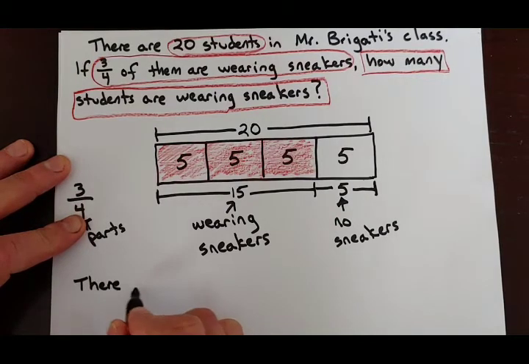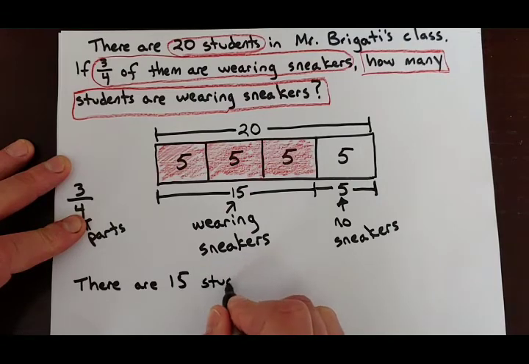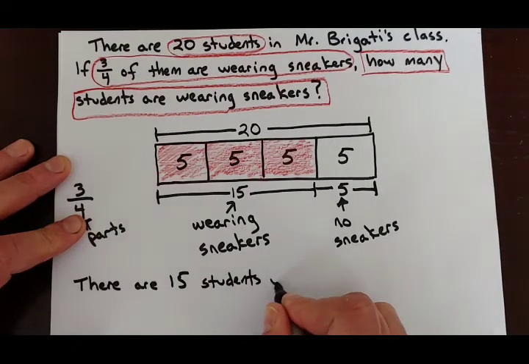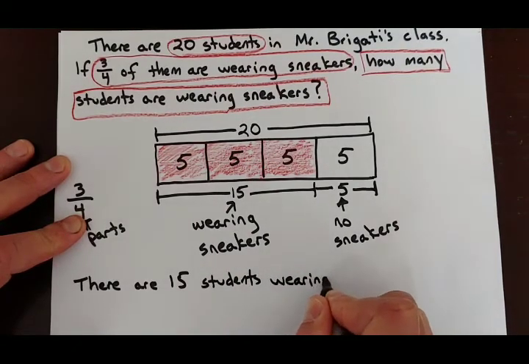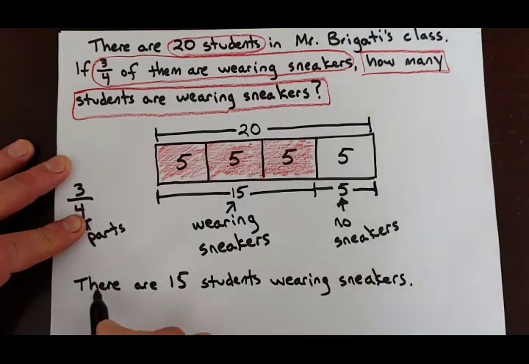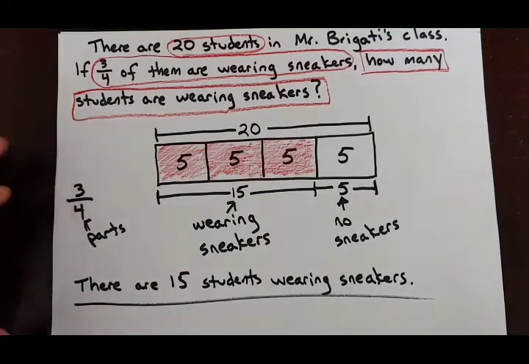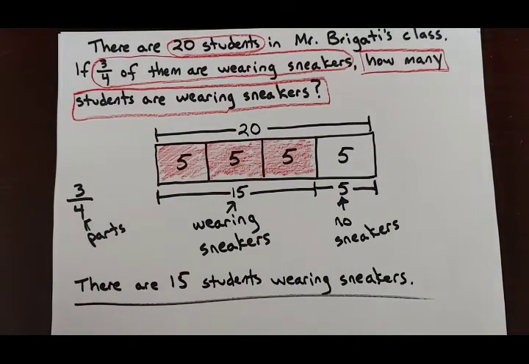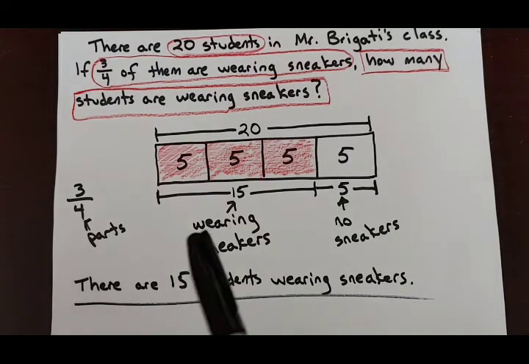There are 15 students wearing sneakers. There we go. We got the model. We got it labeled. We did our strategy. We made our answer statement. That's what I want to see.